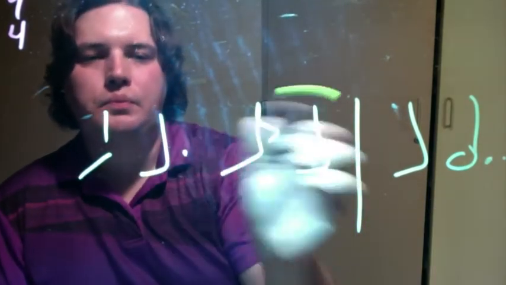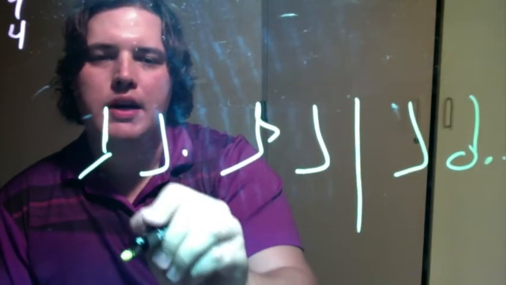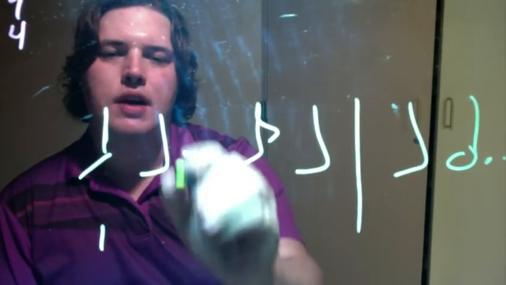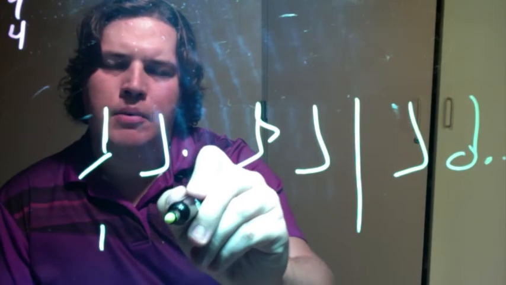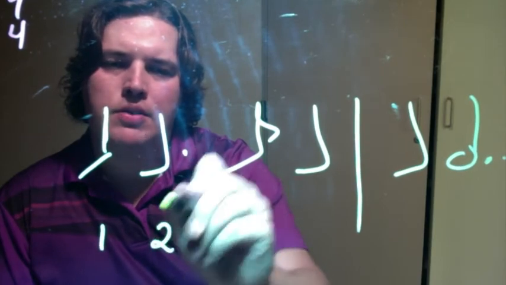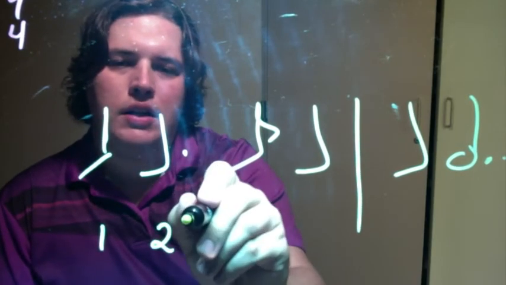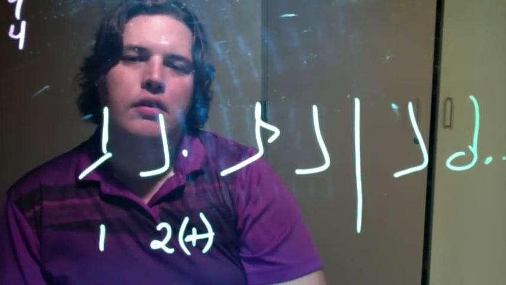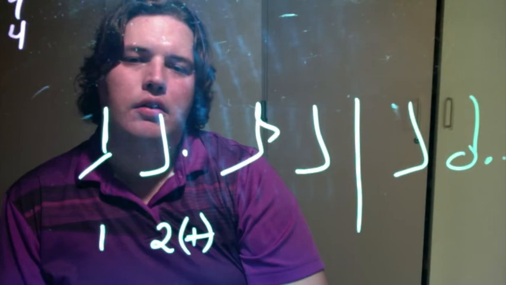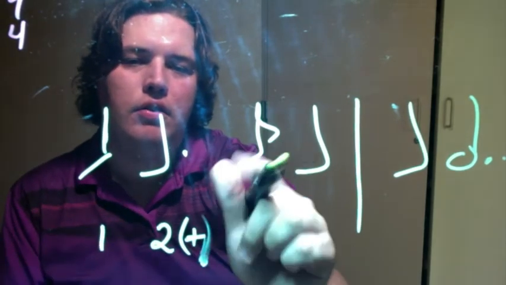Okay, so here I'm still in 4/4 time. I have a quarter note, that gets 1. I have a dotted quarter note. Think about how many beats that gets. Remember, a dotted quarter note gets 1.5 beats, so that's going to be 2, and then and, 3.